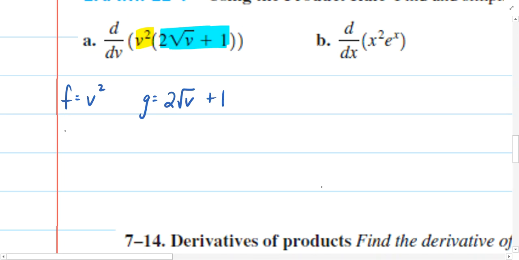What we need first is the derivative of f, which is simple because this is our power rule. We also need the derivative of g, which is not quite as simple because we've got this square root involved. Well, rather than trying to derive this derivative rule every time you need it, we can refer back to the derivative rules that we memorized, and this one happens to be rule number 9.